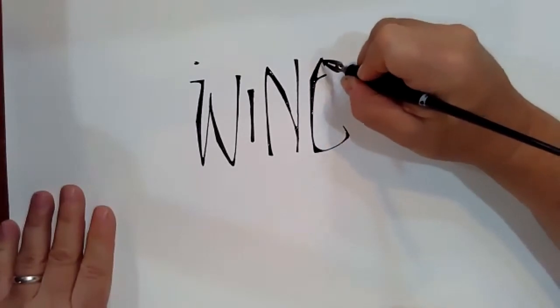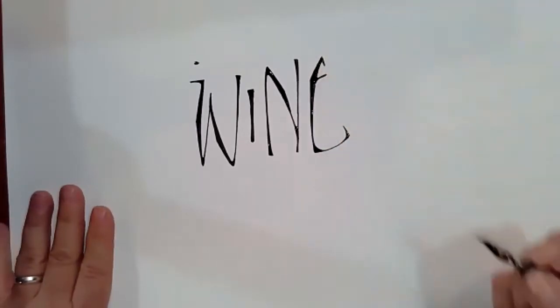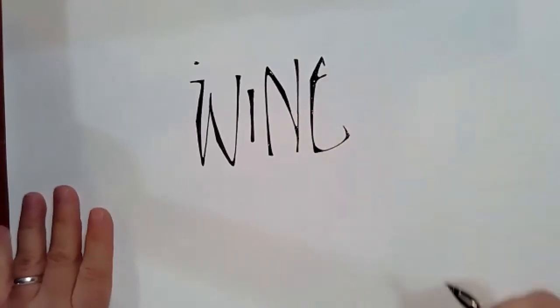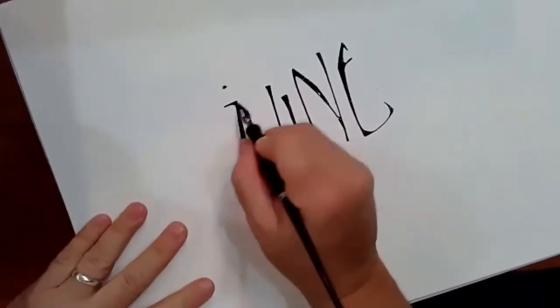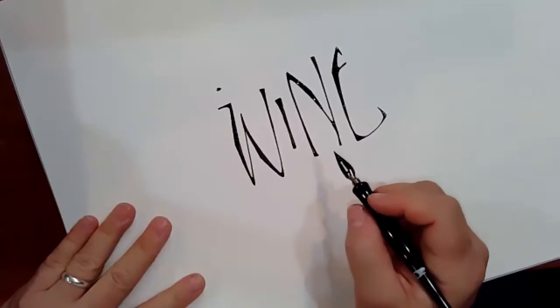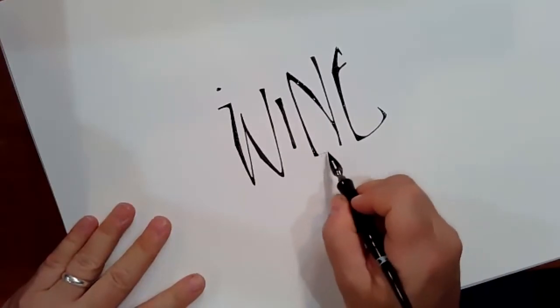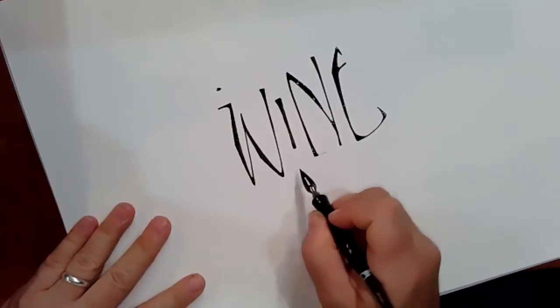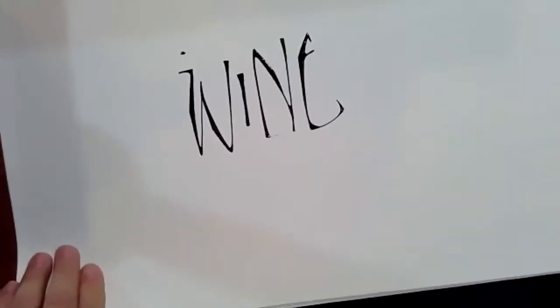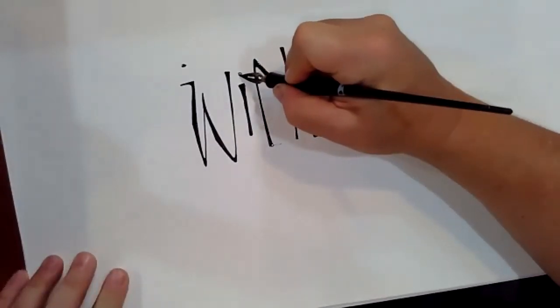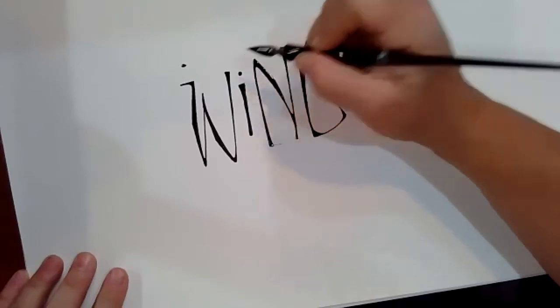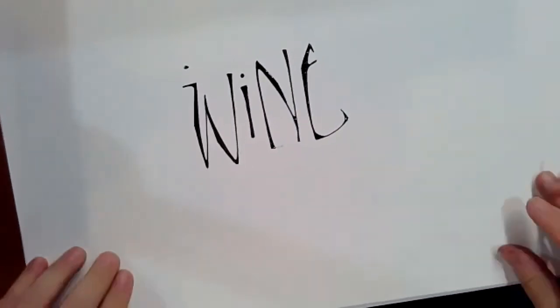Maybe sharpen that a little bit more. I did a serif coming out that way. Maybe I could do a serif going in this way or this way, coming out that way. Put a little dot here just to make it a little more fun. Okay.